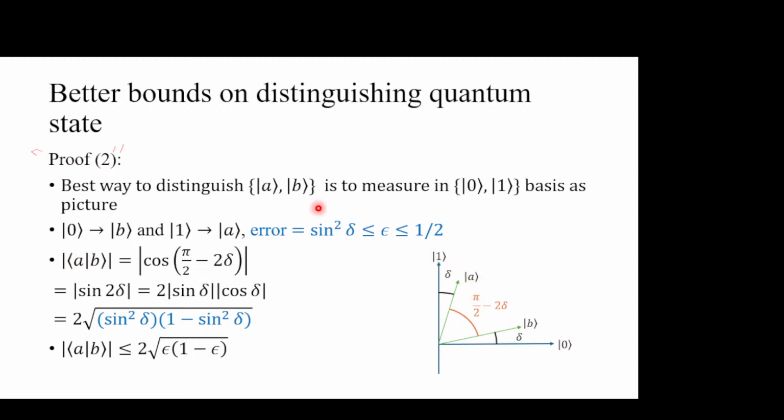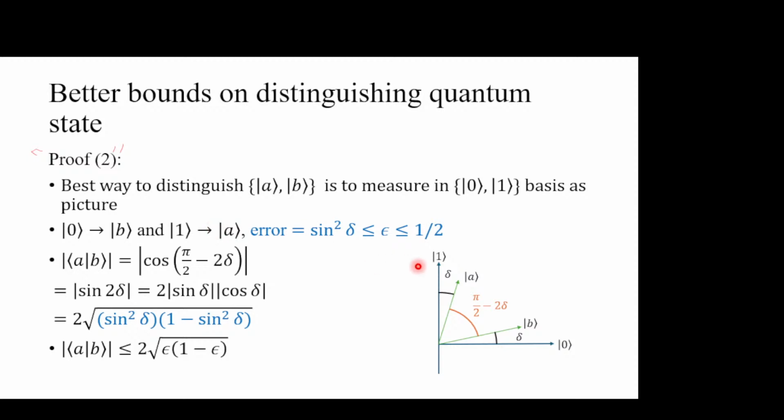When you measure the 0 outcome, you think your state is B, because B is closer to 0. When you measure the 1 outcome, you think your state is A, because A is closer to 1. Then you can calculate the error.